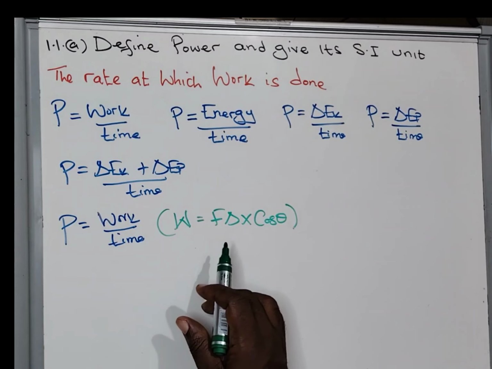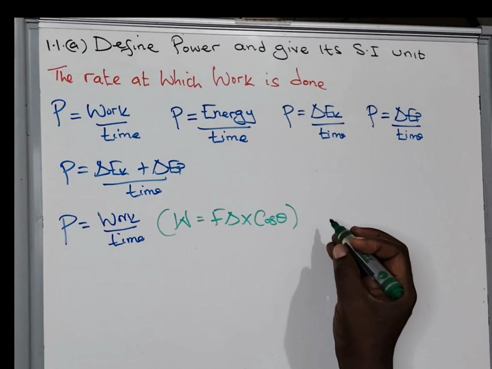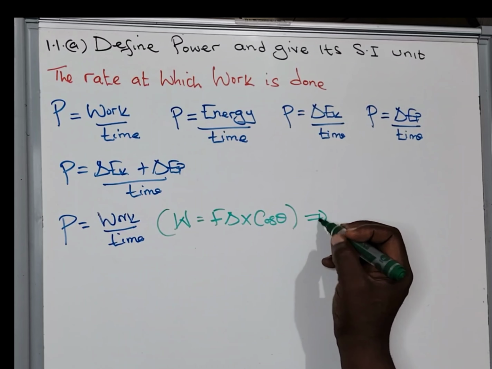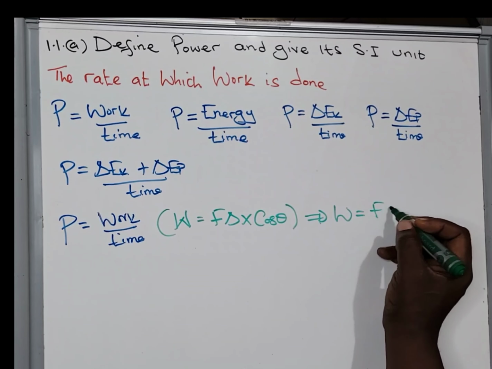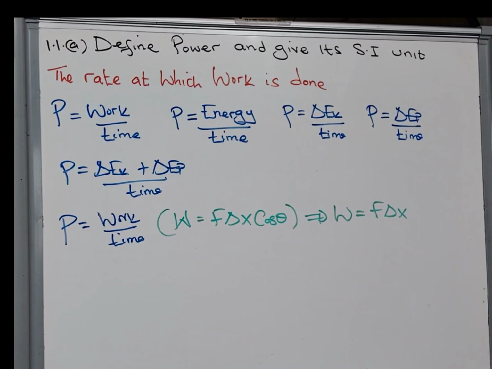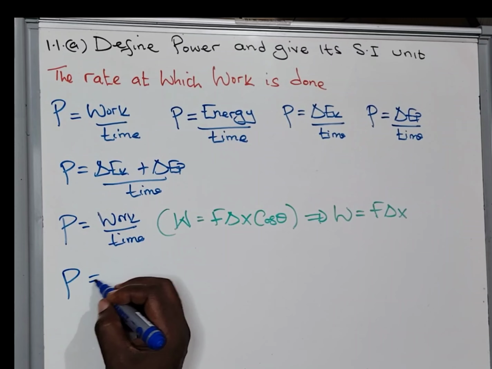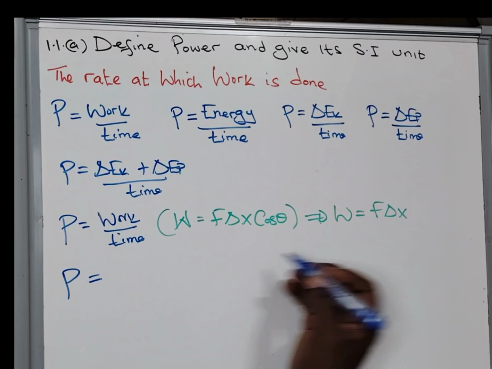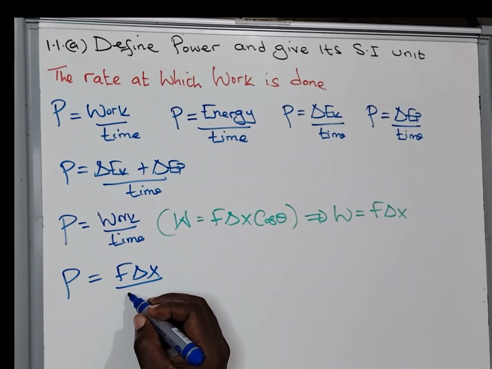So if the force under consideration is in the direction of displacement, we can come to this expression that work is equal to F delta X. So if that is the case, we can say power, instead of work, we can put F delta X over time.